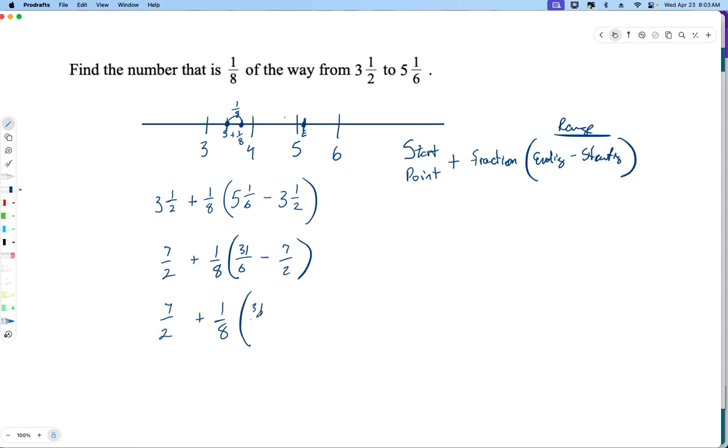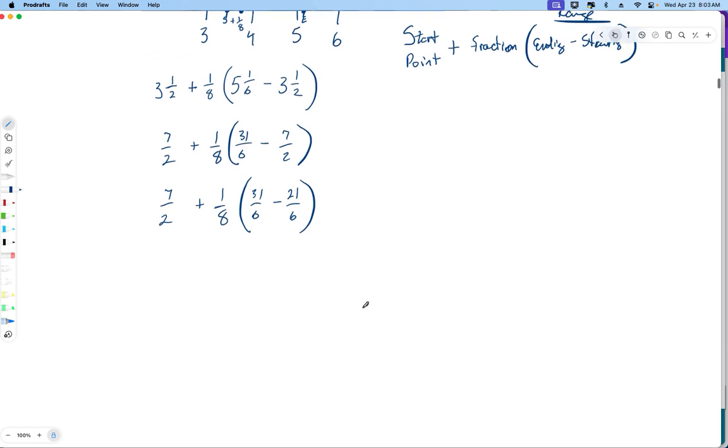So 31 over 6 minus, that's going to be times 3, 21 over 6. Okay, not so bad. So 31 minus 21, that's going to be 10 over 6, which can reduce to 5 over 3 if I divide both of these by 2.